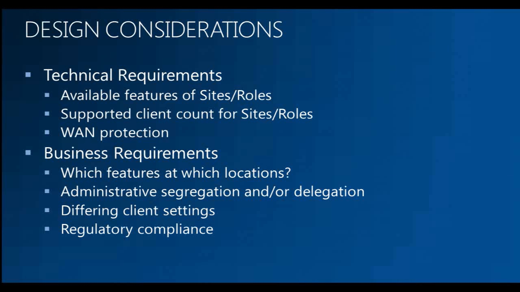We've had a lot of changes there about what you can do with a 2012 site or role that you could not do in 2007. Another issue from a technical side is what's the supported client count? How many clients can a DP handle? How many clients can a primary site handle? How many clients can a secondary site handle? Those are things that we need to take into account.